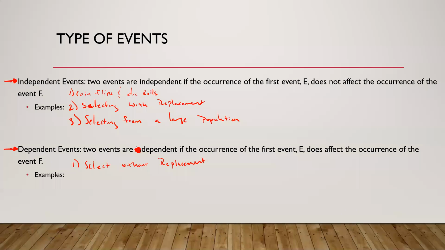So let's go back to that deck of cards example. Suppose you're going to draw 2 cards from a deck of cards, and after you select the first card, you're not going to put it back in the deck. So you shuffle up your deck of cards. You want to get 2 queens in a row. The probability you get a queen as the first card is 4 out of 52. Imagine my first card I selected was a queen.